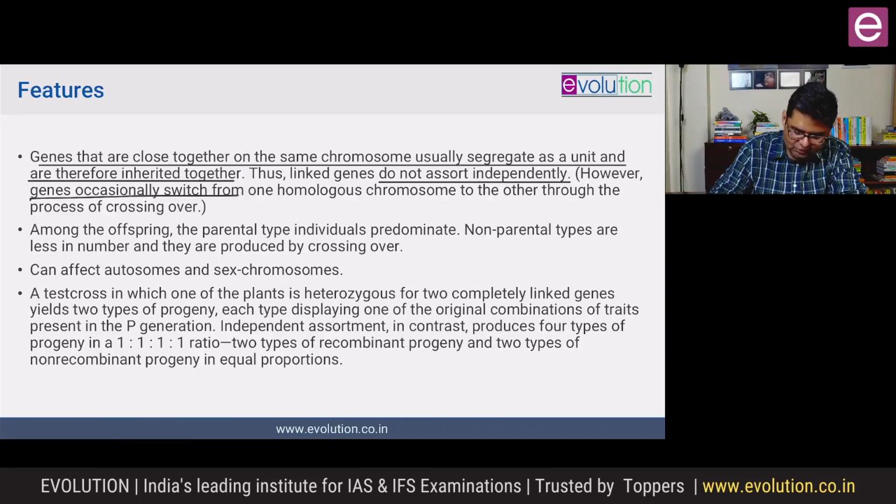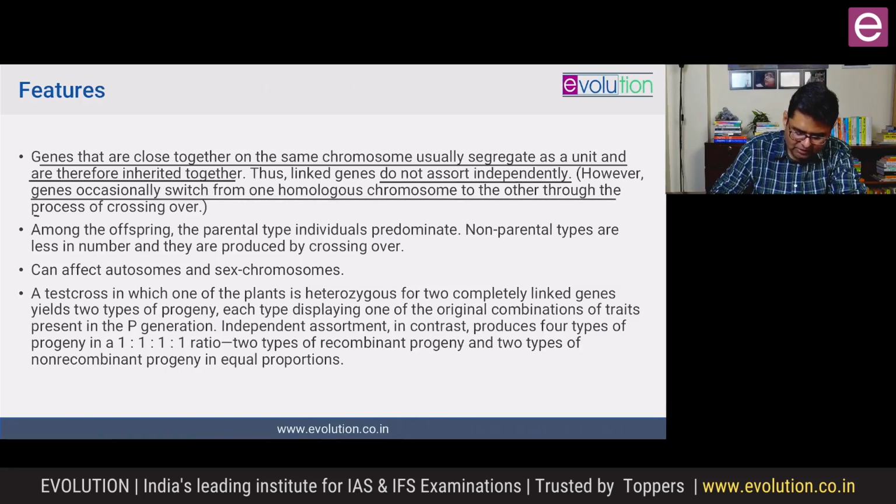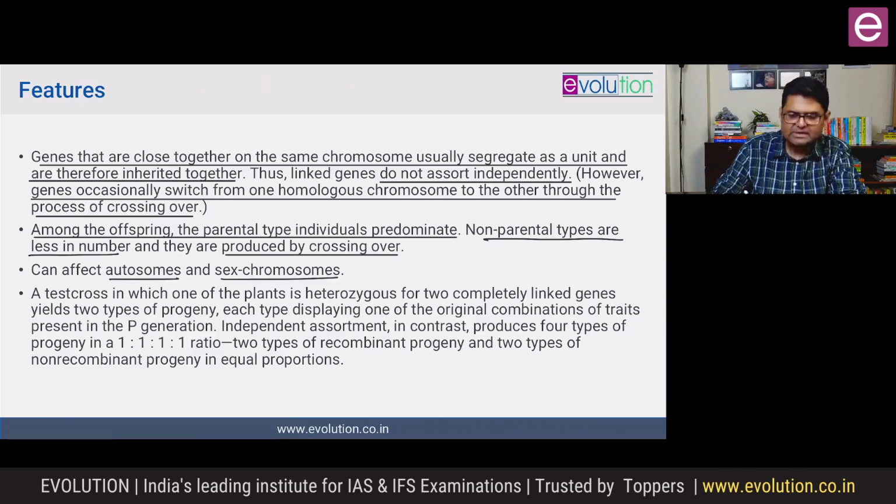Genes occasionally switch from one homologous to other through the process of crossing over, something that we have already discussed. Among the offsprings, the parental type individuals predominate. Non-parental types are less in number and they are produced by crossing over. They can affect autosomes. They can also affect sex chromosomes.